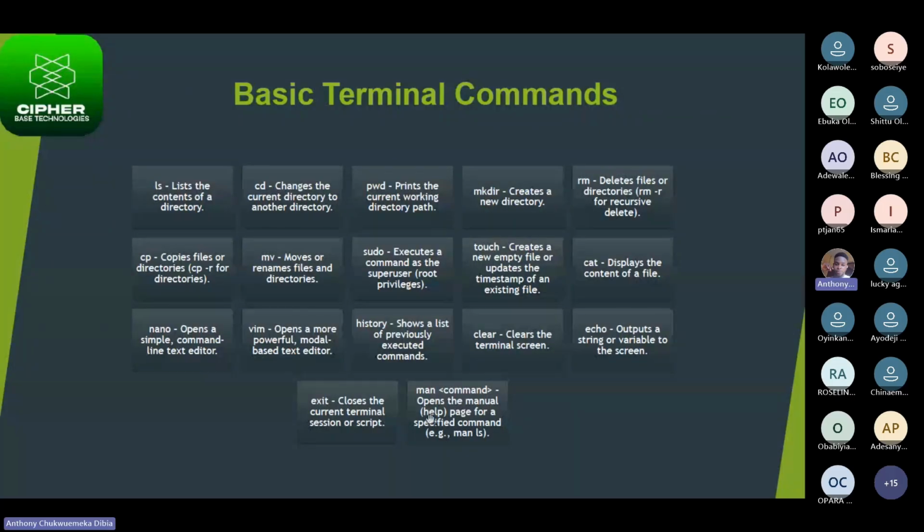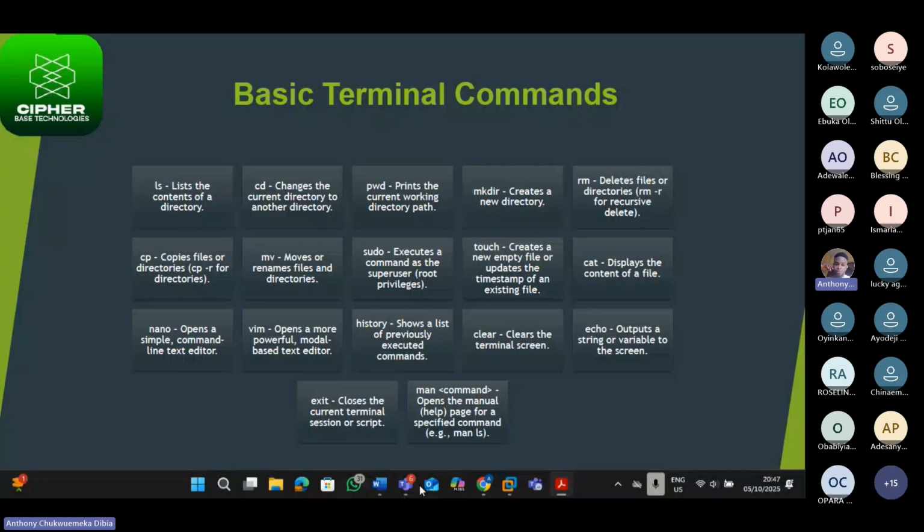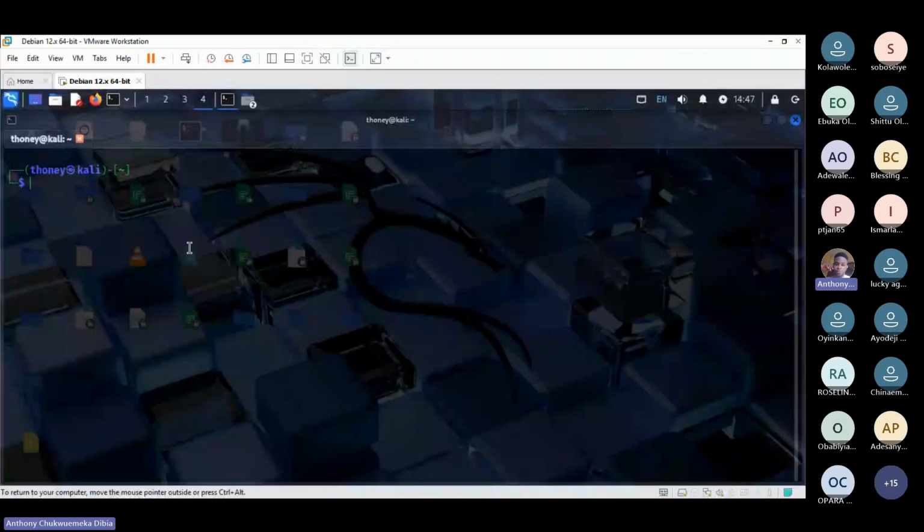So what the man command does is that, for instance, we have tools like Nmap, right? Now I want to check the commands or the parameters that I can use with that software, Nmap. Or if you download the software and you don't really know the tools or the parameters, what do I mean by parameters? Parameters are just the extension of your commands that you assign to your command.